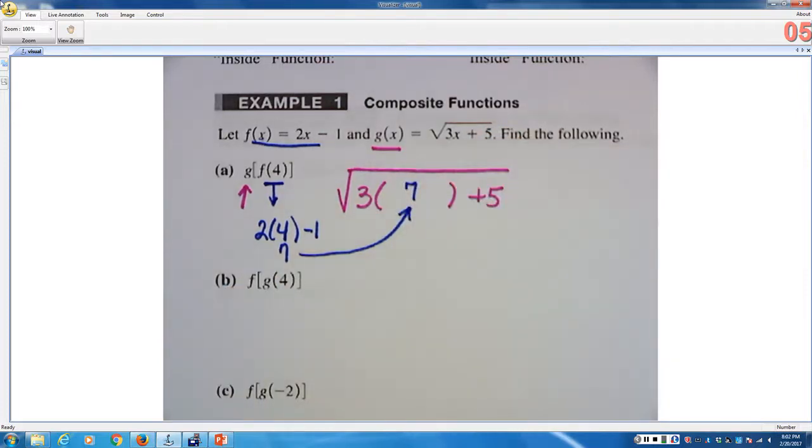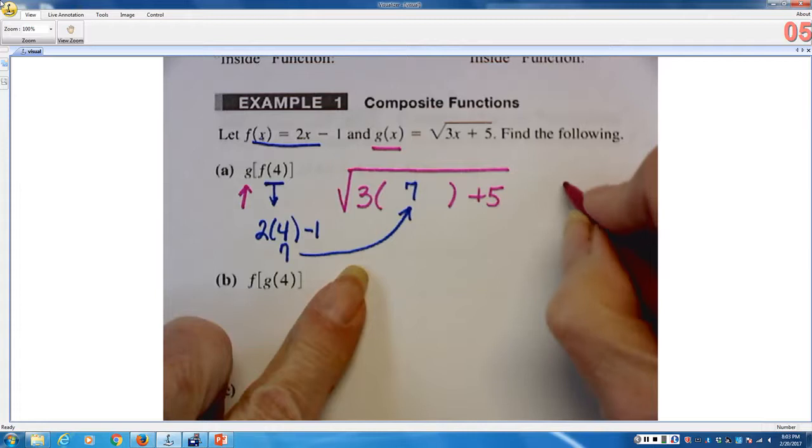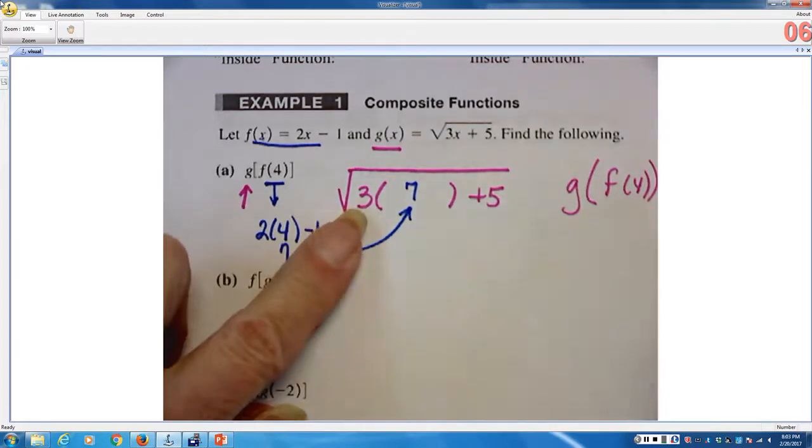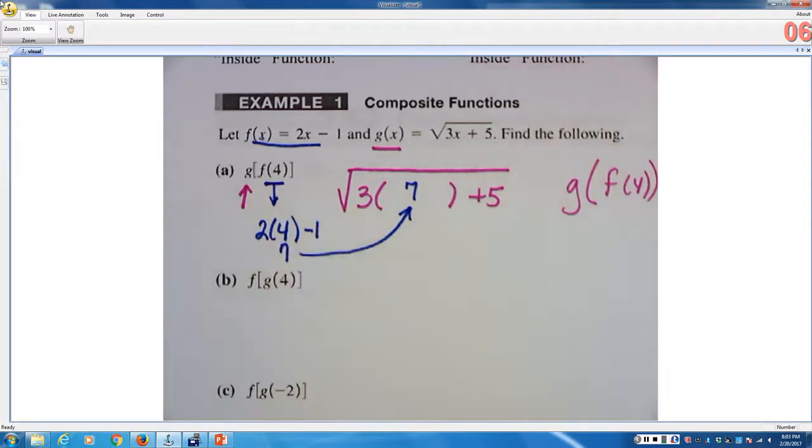So 7 goes into g. And then that means g of f of 4 is equal to the square root of 3 times 7, which is 21, plus 5, or the square root of 26.